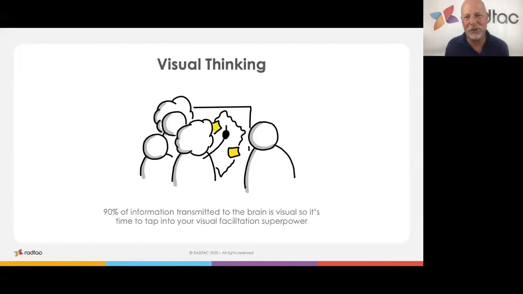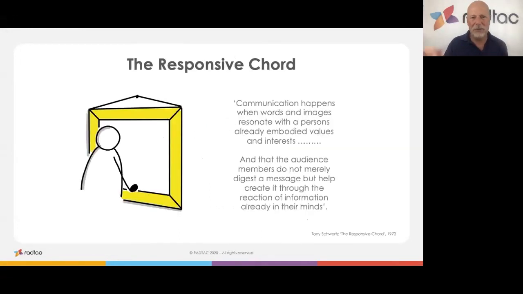Do we need documentation? Well, we need documentation for certain things. You know, chances are you're going to need testing documentation, design documentation. However, we try and make everything as visual as possible. I like this. This is something which I would recommend you have a look at. Tony Schwartz, quite old stuff from '73. It's called the responsive chord.